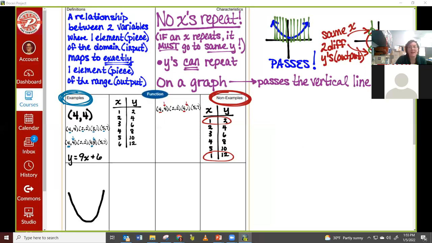If I had a parabola like that, an equation that would go with it, I don't know if you guys remember this from Algebra 2 at all, but this would be like y equals x squared minus 1. That is the equation for a parabola. So if a parabola is a function, then the equation that describes it would also be a function.